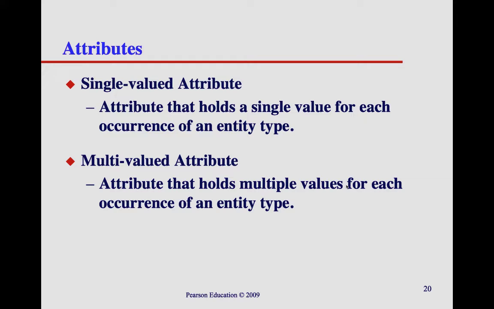We also make a distinction between single-valued attributes and multi-valued attributes. Okay, so a multi-valued attribute might be you have 3 phone numbers or 4 phone numbers. That's a multi-valued attribute. If you have multiple email addresses, that would be a multi-valued attribute. If, let's say, we have an employee and their children, children would be a multi-valued attribute.